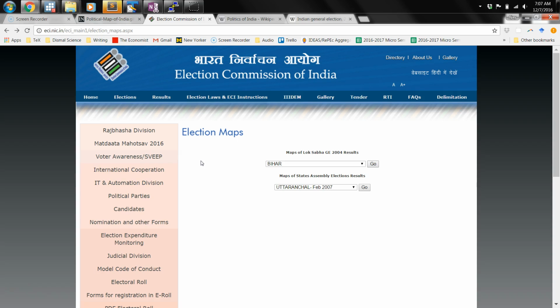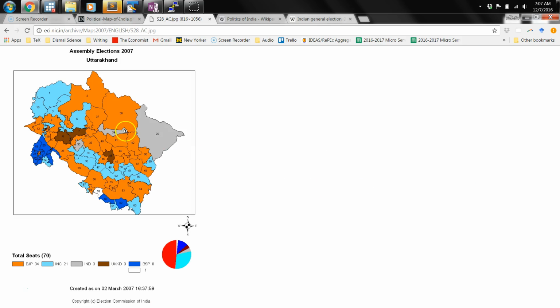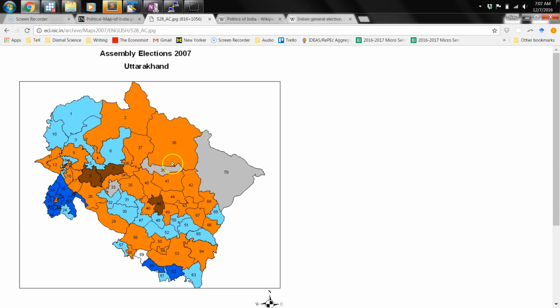Now, as I said, this is how things work at the national level. At the state level, it's actually very, very similar. Each state's government, instead of having a parliament, has an assembly, but it works very much like the parliament. Each state is divided into assembly constituencies. So here is Uttaranchal, which is now called Uttarakhand. These are the results that determine the assembly of Uttarakhand, and these are all assembly constituencies.